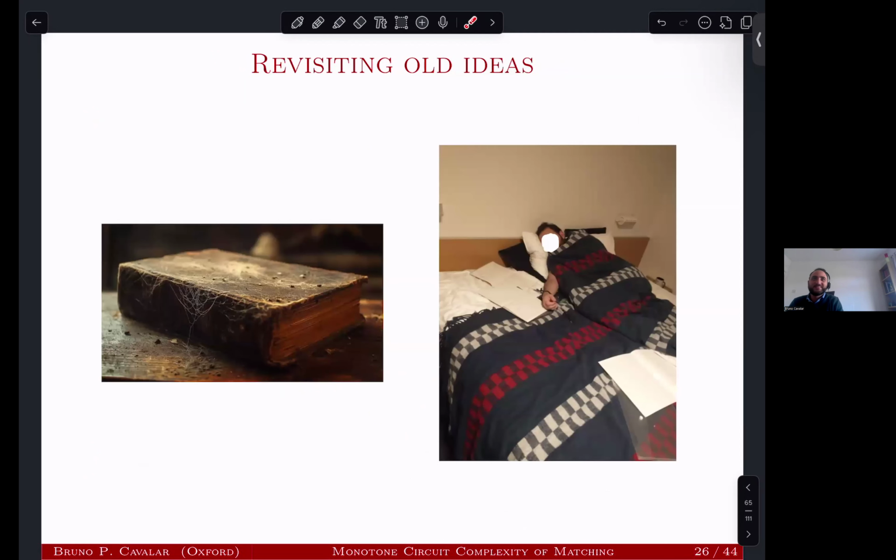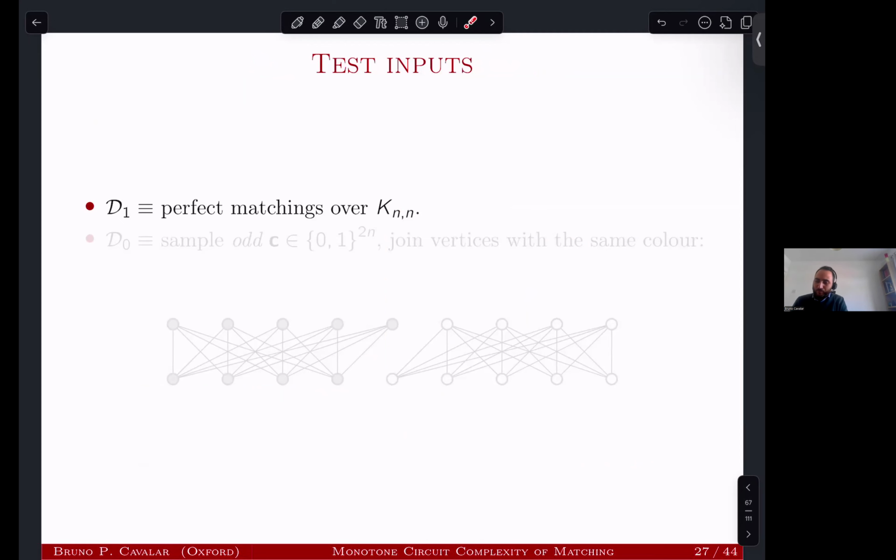But now we're going to see what made me so excited. Our test inputs are the inputs where the monotone circuit must be correct when computing perfect matching. They're going to be considered first. D1 is a uniformly chosen perfect matching.